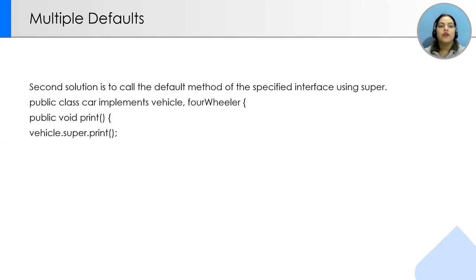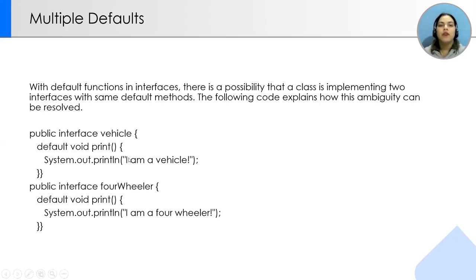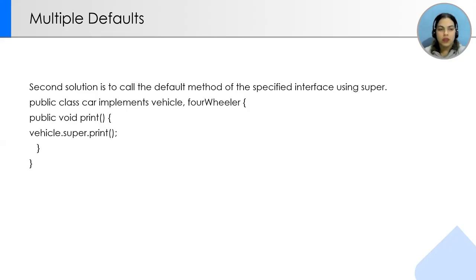And what is the definition in the vehicle interface? Let's check. The vehicle interface says "I am a vehicle," so the statement that will be printed is "I am a vehicle." But if we want the definition of the four-wheeler, then rather than using vehicle, we have to use the interface four-wheeler followed by the super keyword and the name of the method. So this is how we can solve the problem of ambiguity when we have multiple defaults.